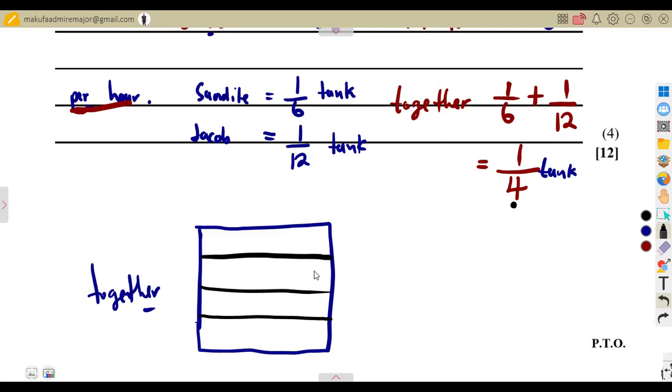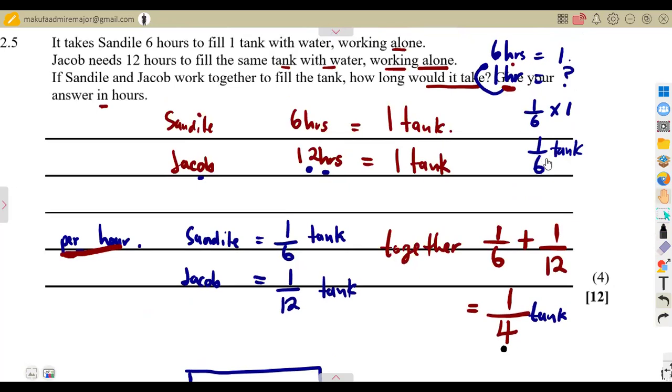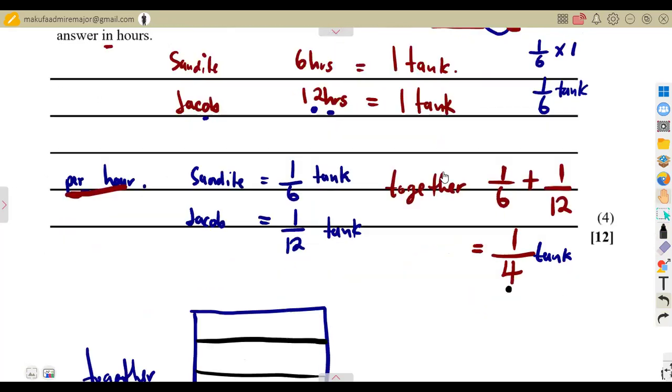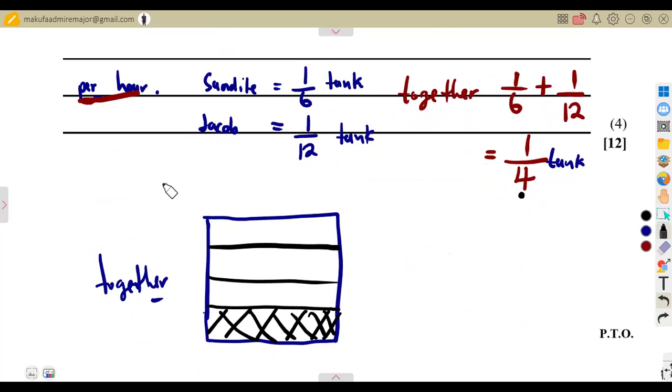So this is what is happening, guys. 1/4 parts means in an hour, just like what I used when I was explaining about 1/6 of Sandile. They are working both together per hour. So in an hour, they are going to cover 1/4 parts.